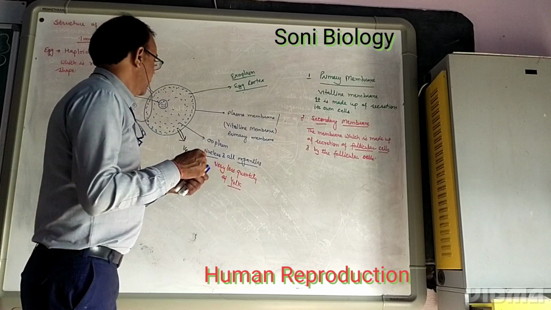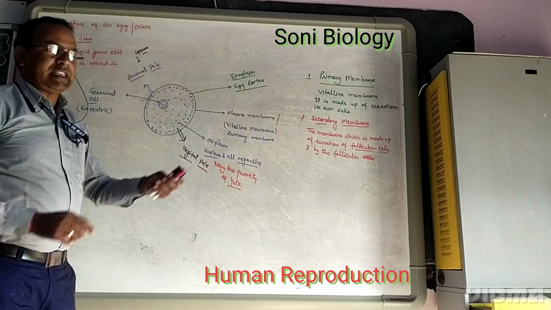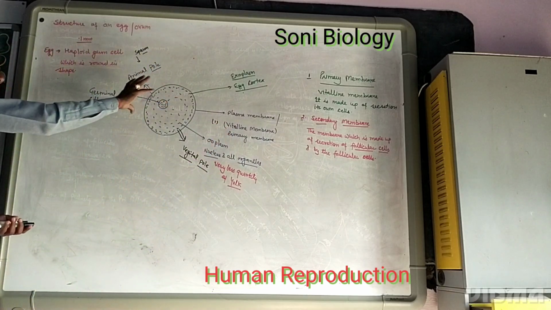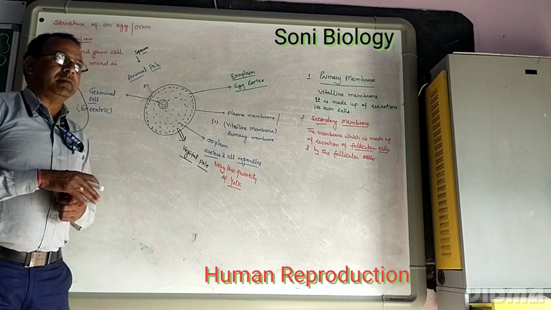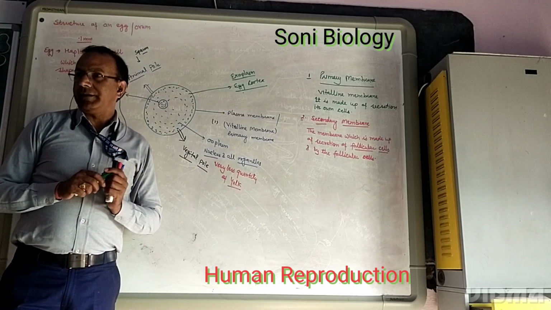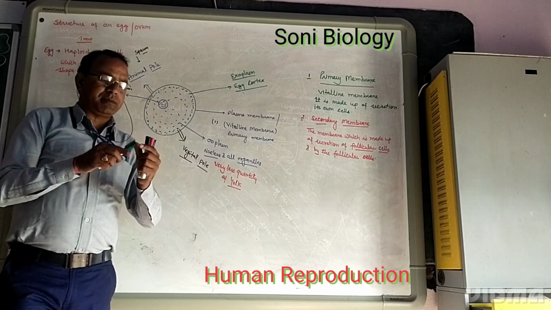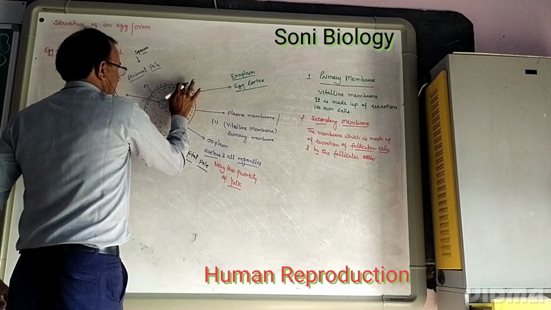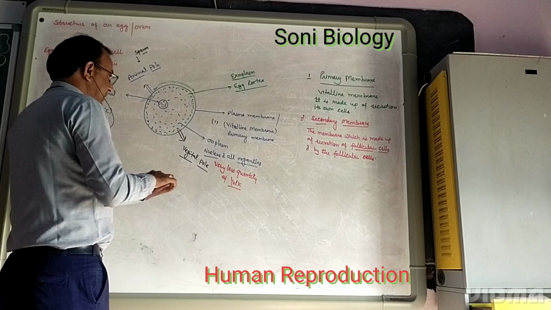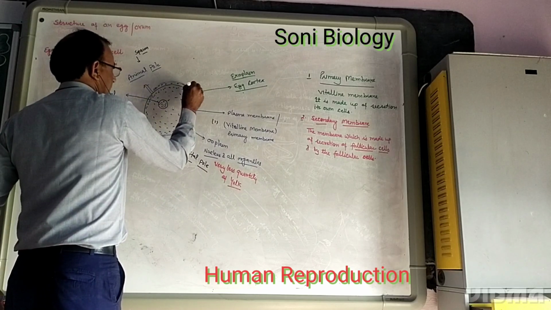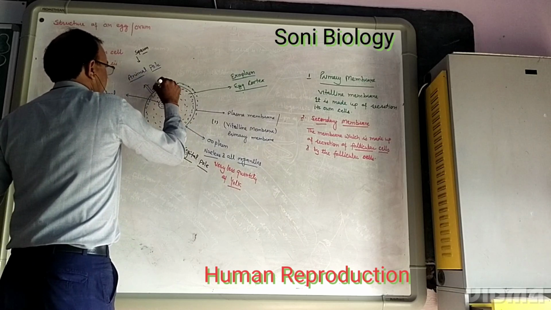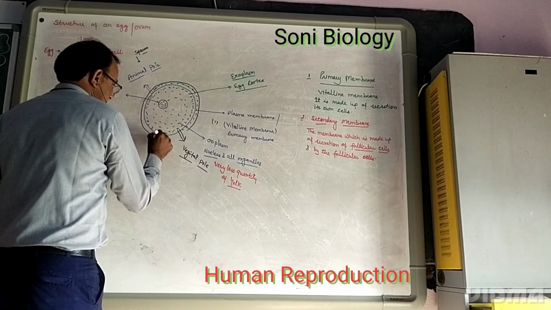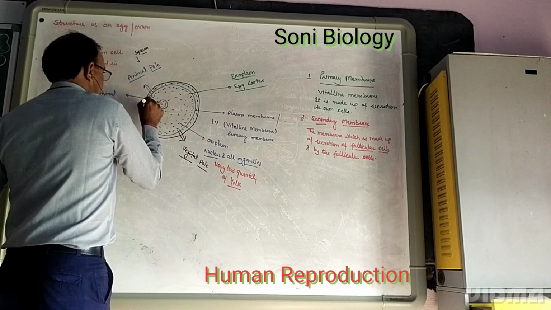How are these membranes produced? The first outer membrane is called the plasma membrane, which is also called the primary membrane. Just outside the plasma membrane, some substances are secreted by the follicular cell, and that secreted substance gathers around the plasma membrane in a jelly-like form. That produces one single membrane outside the plasma membrane, containing a jelly-like substance.